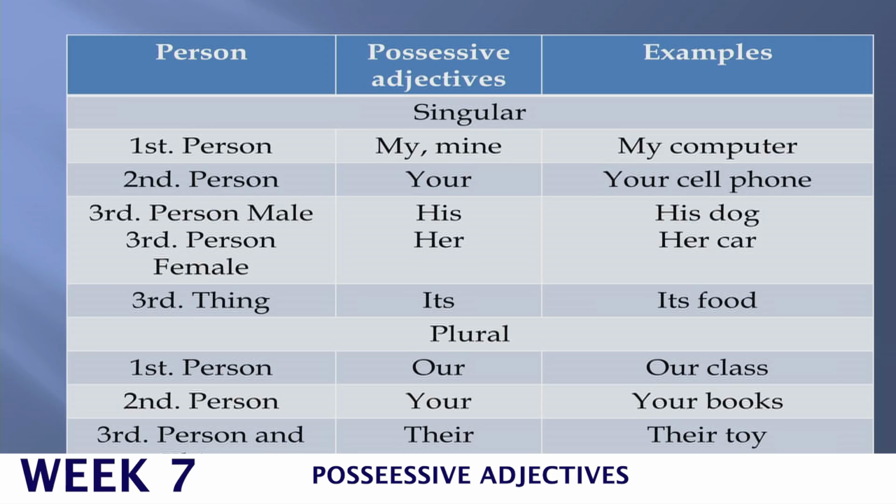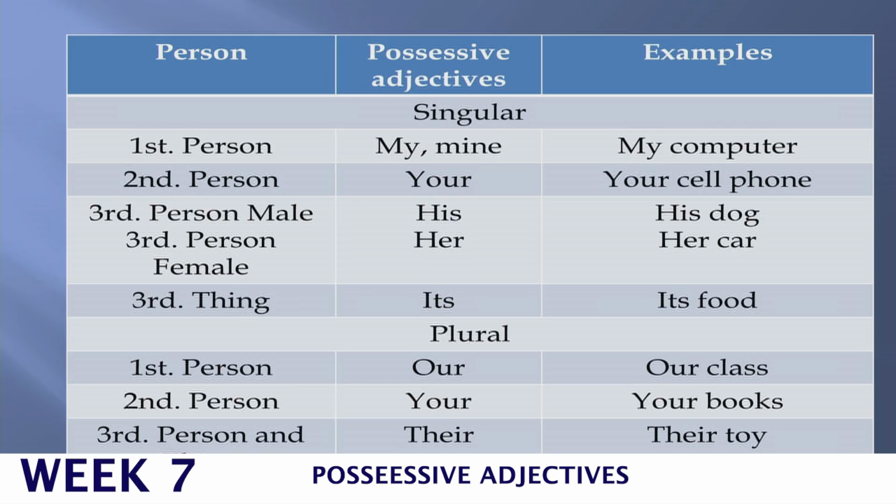In the third person male, his dog. In the third person female, her car. In the third thing, I can say its food. In the plural possessive adjectives, I would use, for the first person, our class, for the second person, your books, and for the third person and thing, their toy.